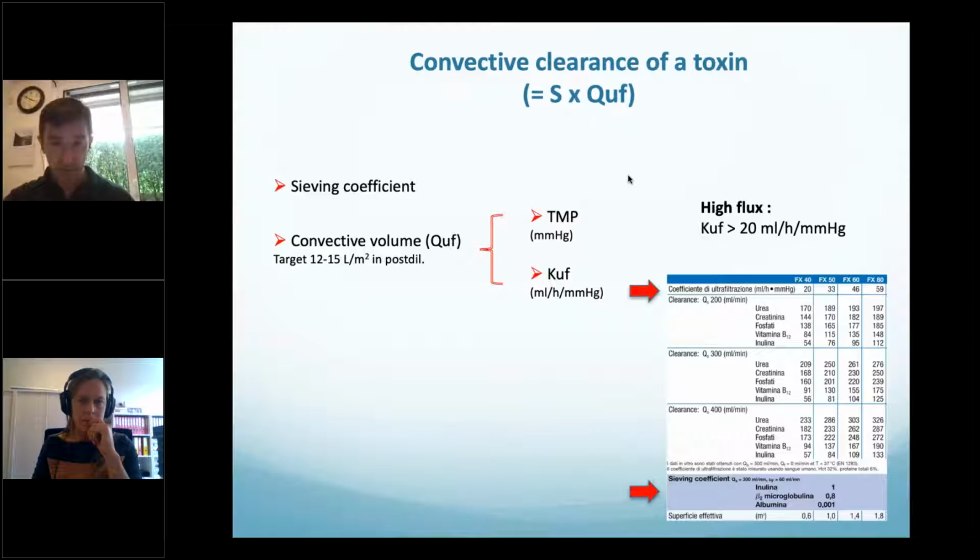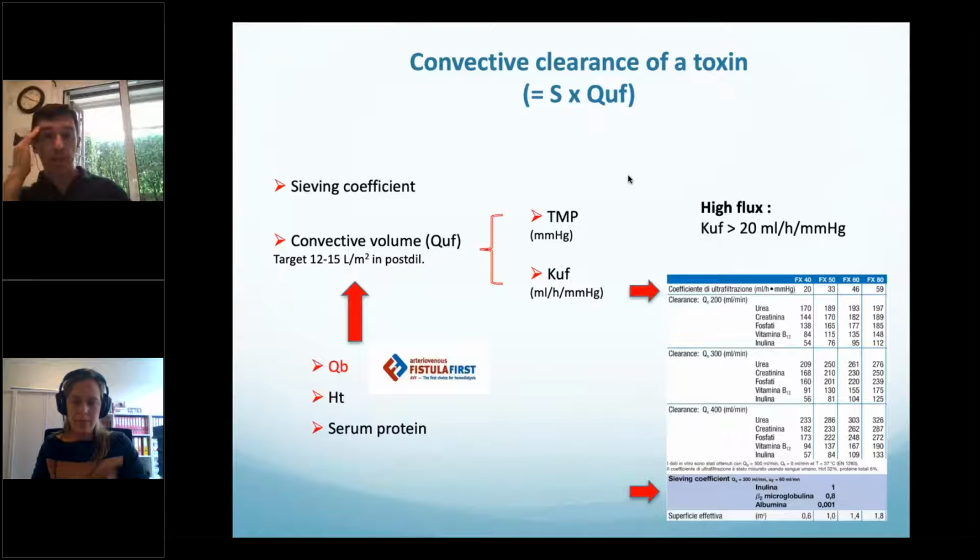If you look at the fact sheet of each filter, you can easily find the ultrafiltration coefficient and the sieving coefficient. The modern dialysis machines can automatically adapt the TMP to the characteristics of the membrane and of the patient to keep the convective volume as high as possible.